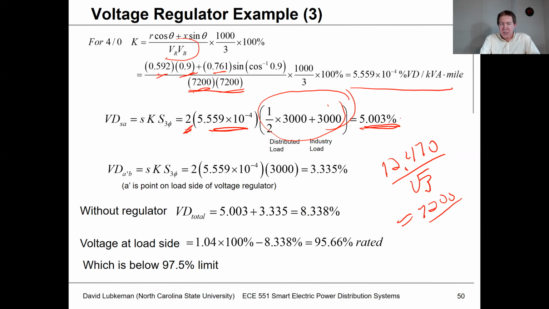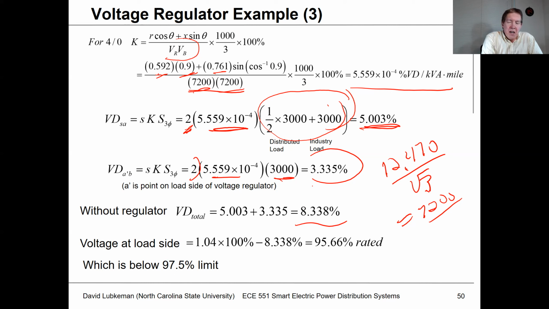Now in the second section, all I need to do is factor in just the industrial load. And so again, it's got a line length of 2. I've got the K factor in here, and it's going to give me a voltage drop of 3.335%. And so the net voltage drop going from the substation down to that end industrial customer is going to be 8.338%.